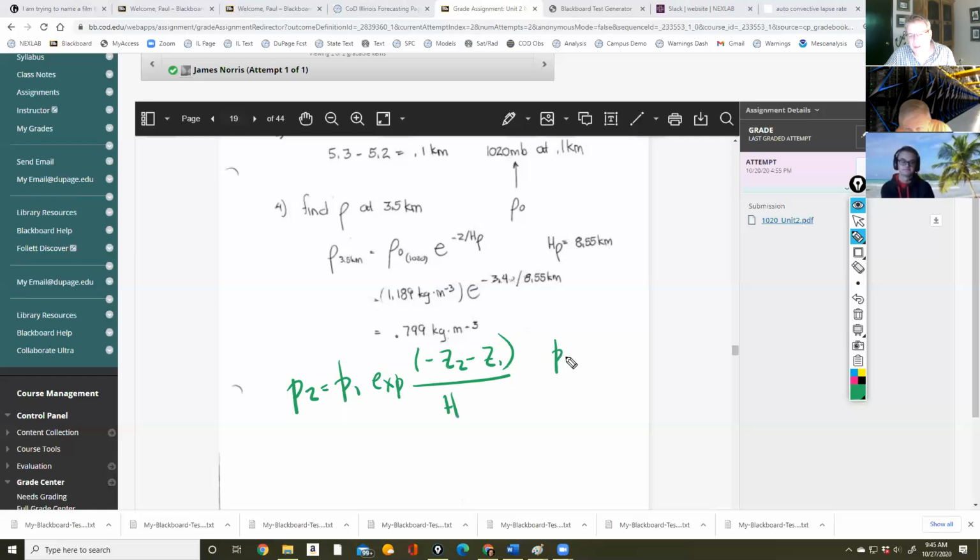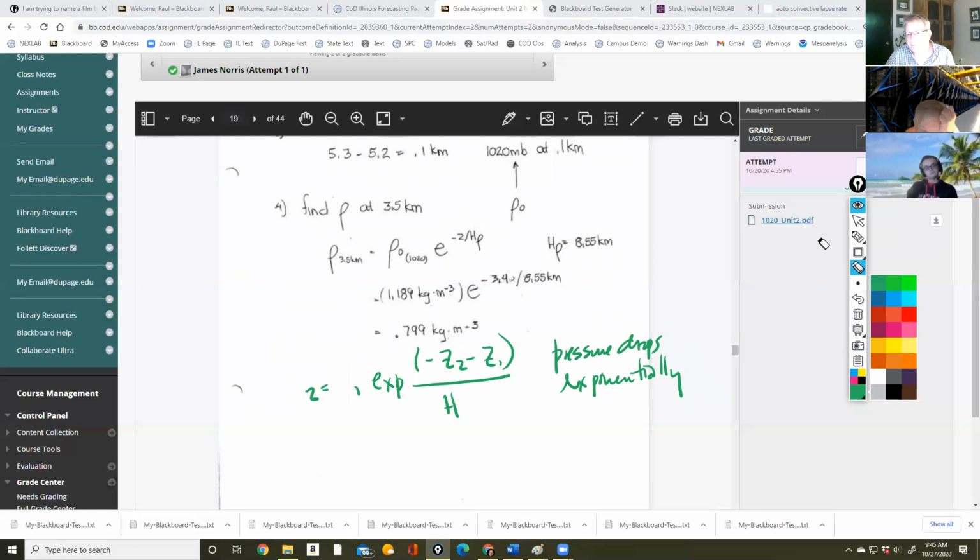All this means is pressure drops exponentially. But watch this, guys. Are you watching the screen? I can do this. I can put in density instead of pressure and get the same thing because I'm assuming density drops exponentially.